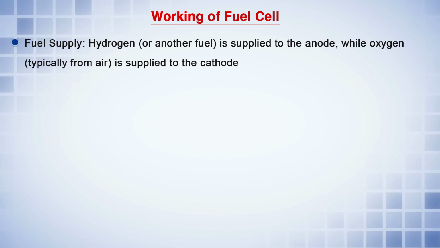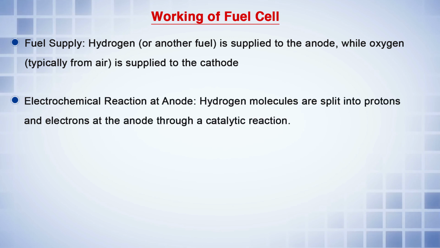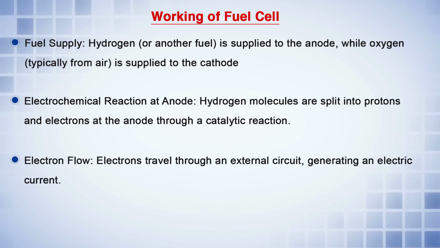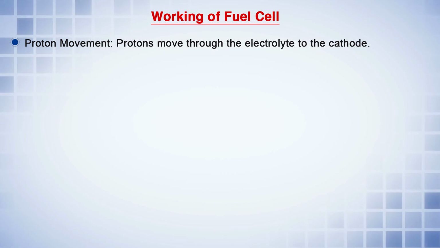There are 5 steps involved in the fuel cell operation. The first one is the fuel supply. Hydrogen is supplied to the anode while oxygen is supplied to the cathode. The second one is the electrochemical reaction at the anode. Hydrogen molecules are split into a proton and electron at the anode through a catalytic reaction. The next step is the electron flow. Electrons travel through the external circuit generating an electric current. The next one is the proton movement.